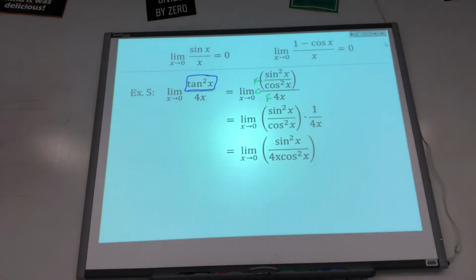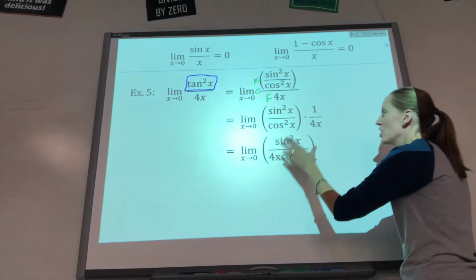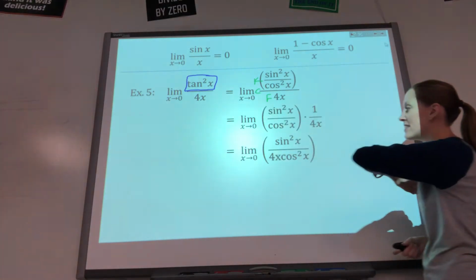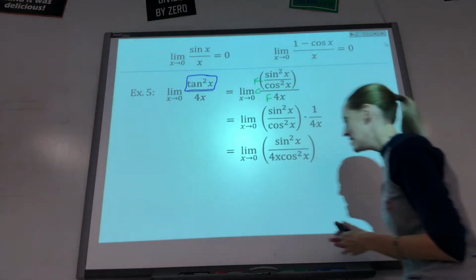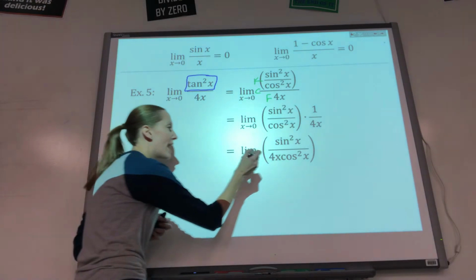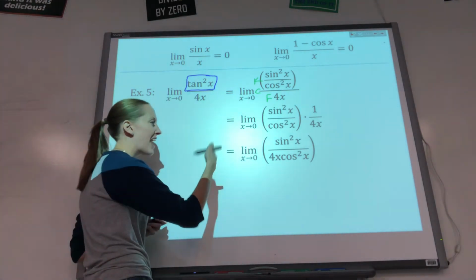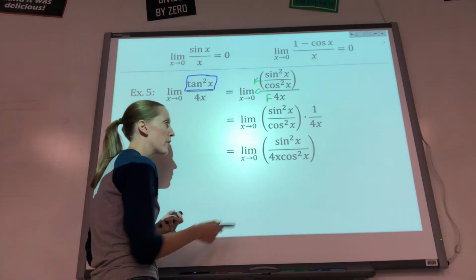A lot of times with trig functions, and you may remember this from last year in trig, you may not really know where you're going until you get to the end. If it doesn't work out, you can go back and try something different. But let me show you a way that we can pull this apart so that we've got better stuff to work with.